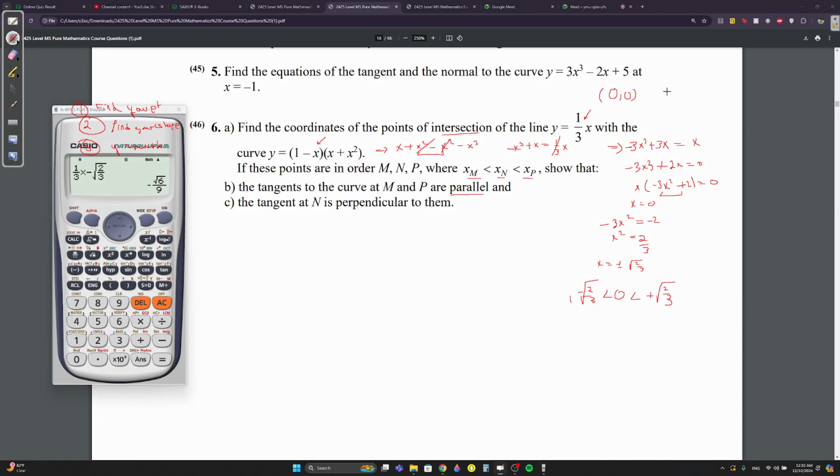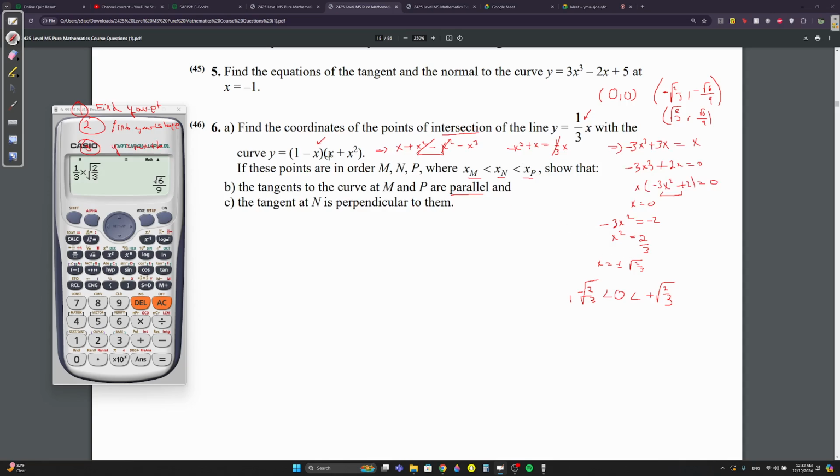So you have (-root 2 over 3, -root 6 over 9). Then if it's the positive, I'm pretty sure it's just going to be the positive number. So (root 2 over 3, root 6 over 9).